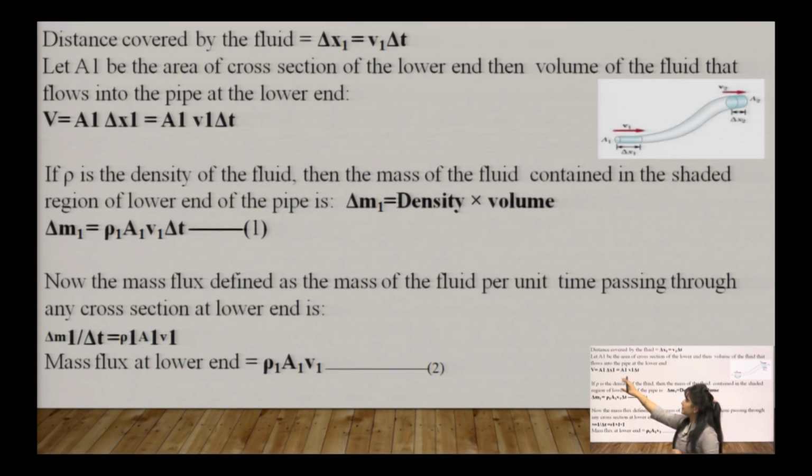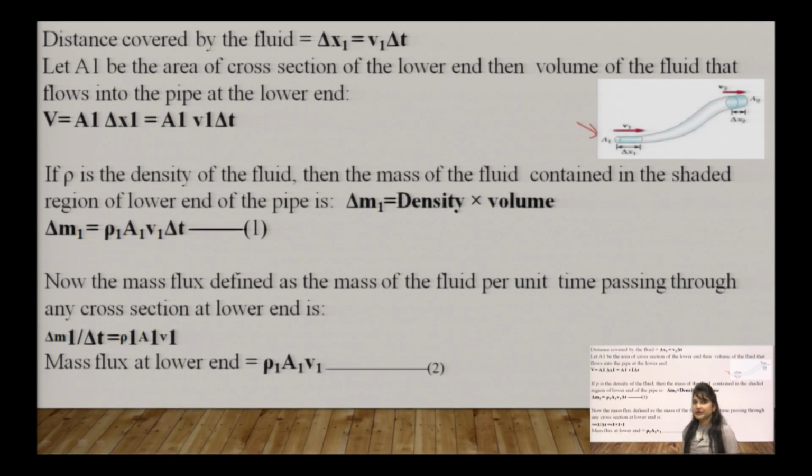Coming to the next step, with cross sectional area A1 at the lower end, multiplying the area by the distance, we get the volume at the lower end of the pipe as A1 V1 into the time delta t.